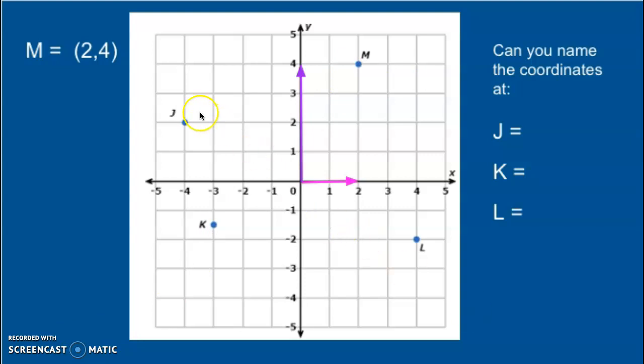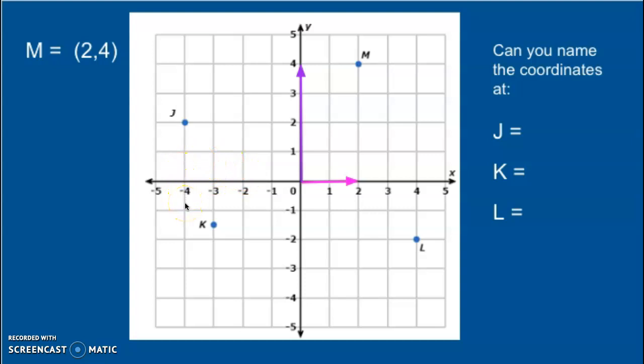Can you name the coordinates at J, K, and L? Let's try. Well, we know that an ordered pair is two numbers whereby the number in the first position is represented by the x-axis and the number in the second position is represented by the y-axis. So let's look at letter J. If we begin at the origin and we know that the first number or value is on the x-axis, we see that J is to the left of the origin, or negative to 0. 1, 2, 3, 4 jumps.